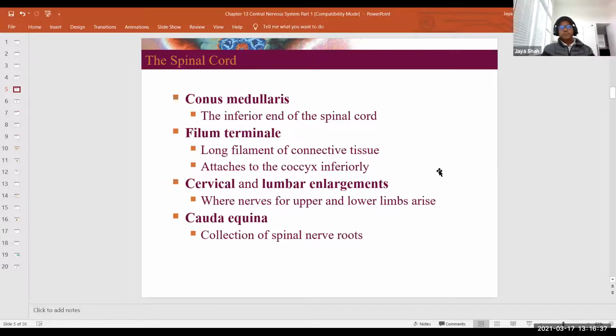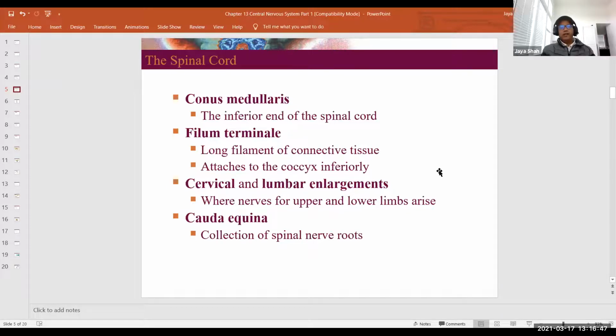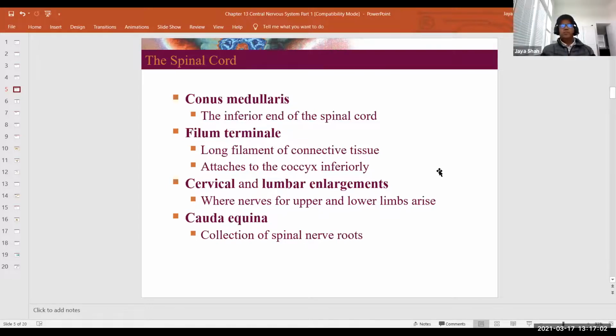Anthony, are you here, Anthony? Yeah, I'm here, Professor. Okay, Anthony, go ahead. What are the regions of vertebrae in our backbone? I don't know. You don't know the names of the vertebrae?